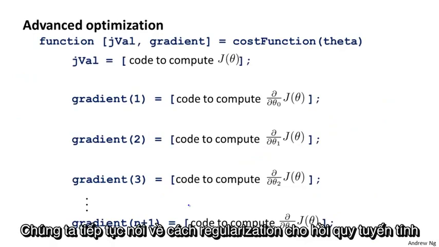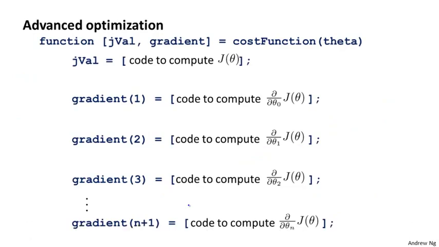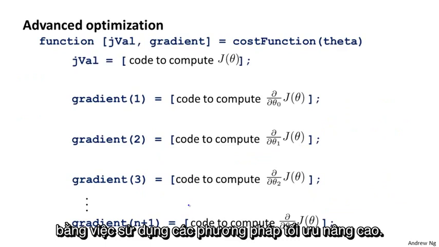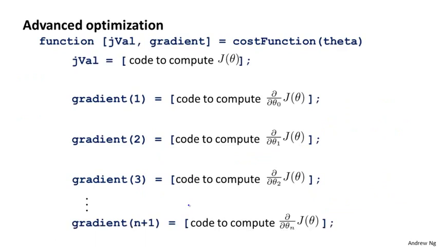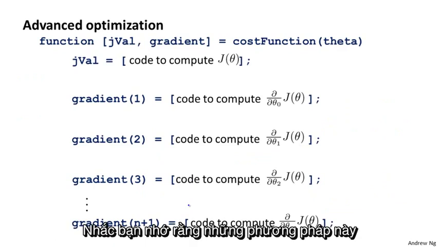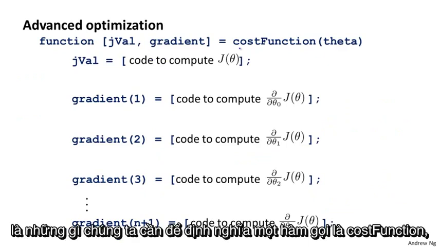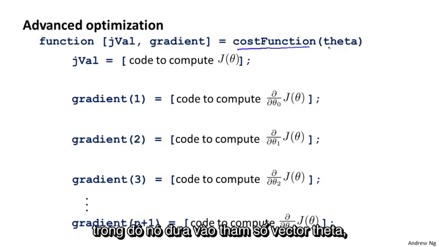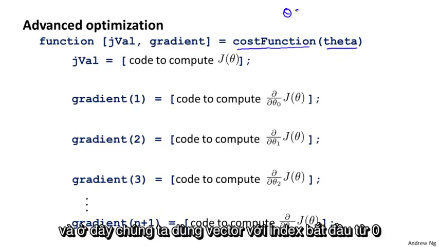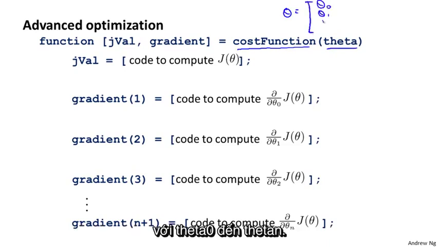Let's talk about how to get regularized linear regression to work using the more advanced optimization methods. Just to remind you, for those methods, what we needed to do was to define a function, let's call it the cost function, that takes as input a parameter vector theta. In the equations we've been writing here, we use 0-indexed vectors, so we had theta 0 up to theta n.